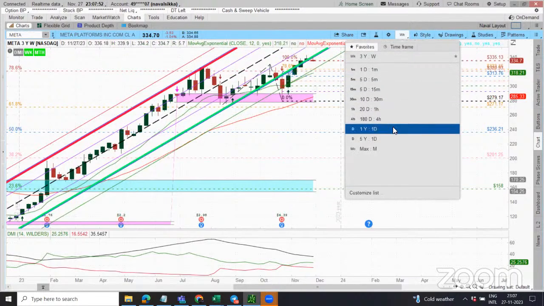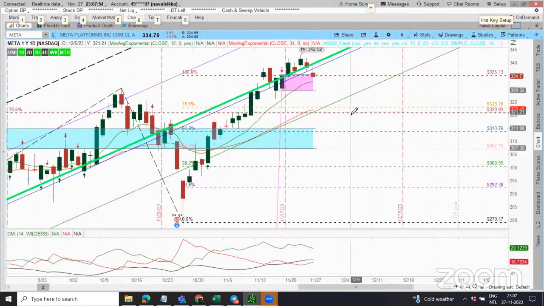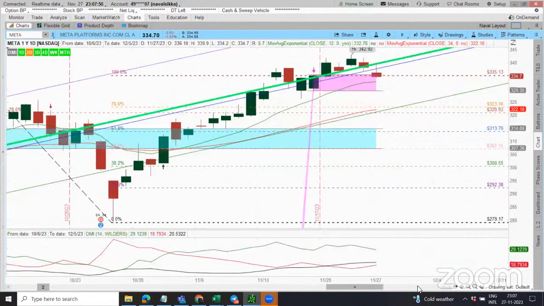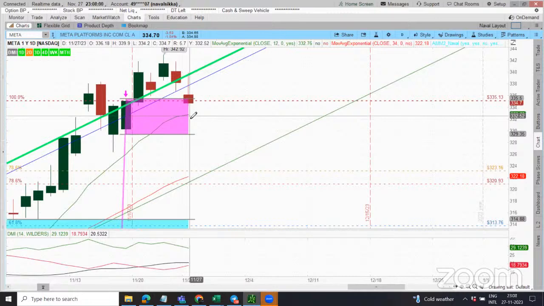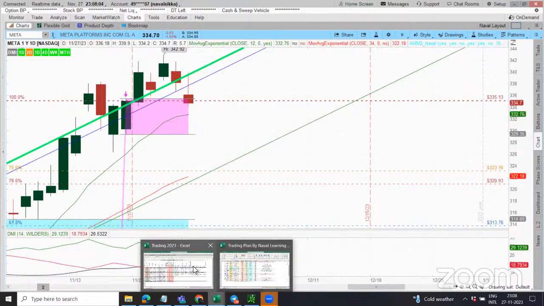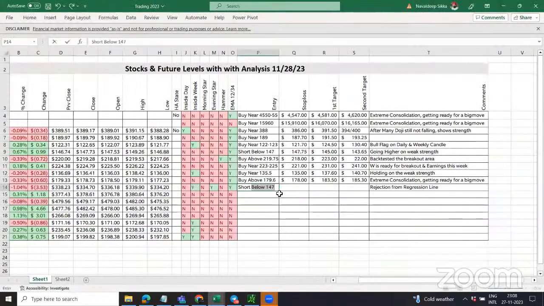335 will be a good, I would say, 333. 333 will be a good entry before earnings. Will check CrowdStrike. Zscaler went down, CrowdStrike will also go down. 333, stop loss 335.